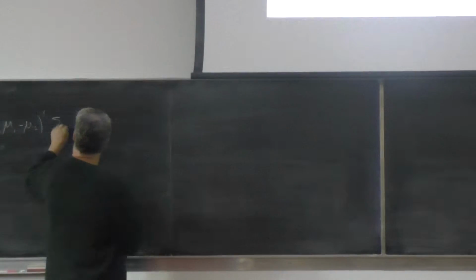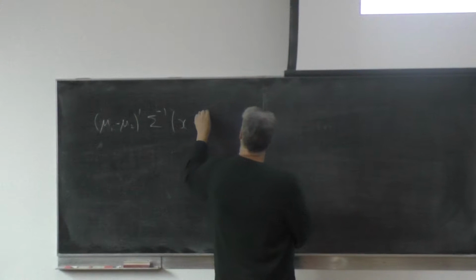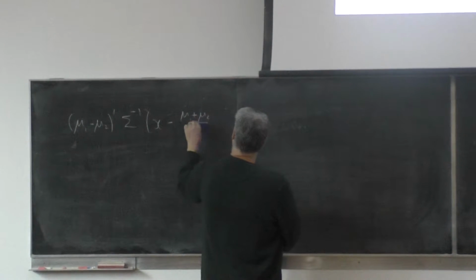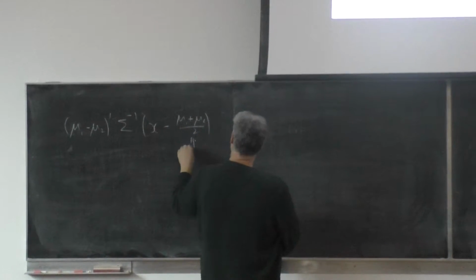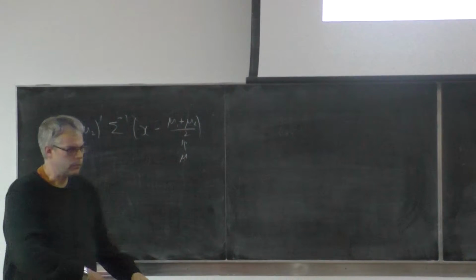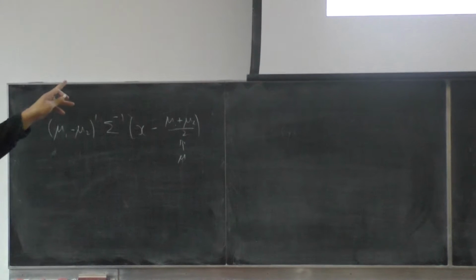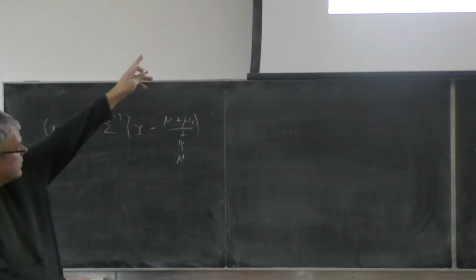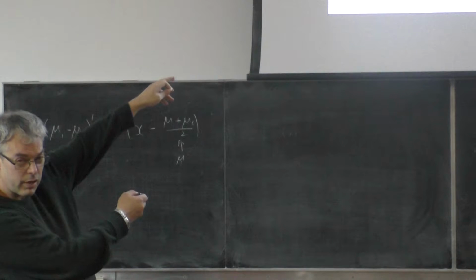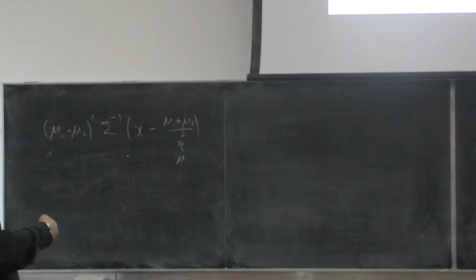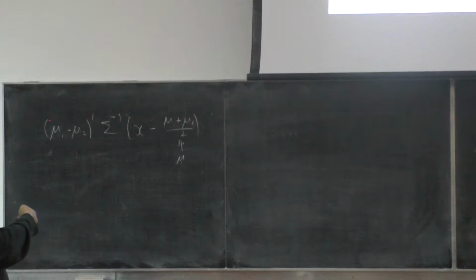So I wrote down mu1 minus mu2 dash, sigma inverse, x minus mu1 plus mu2 over 2, and that thing there is mu. So you can see that alpha dash x minus mu is an example of this.